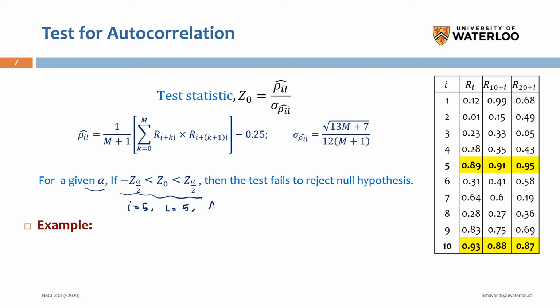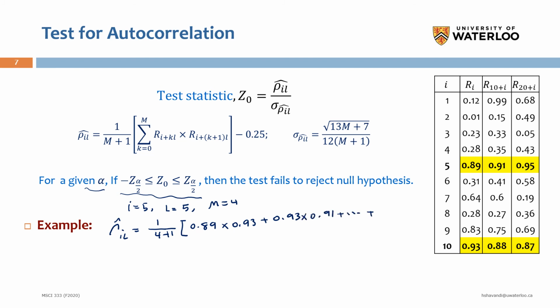Okay, so for our example here, as you see, i is 5, L, the lag, is 5 as well, and m is 4, right? So rho hat iL becomes 1 over m plus 1, 4 plus 1, then the summation over k going from 0 to m of Ri, which is R5, so it's 0.89, times R(i plus k plus 1 times L), which becomes R10, 0.93, and plus 0.93 times 0.91 and so on.